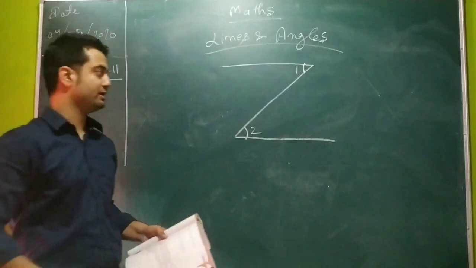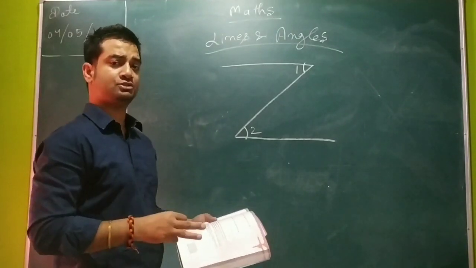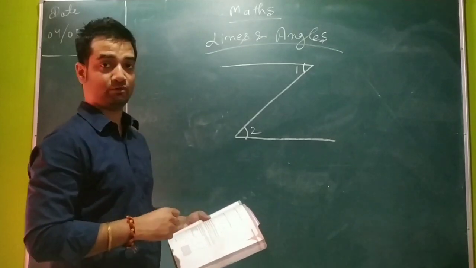If you look at these two angles, the first criterion, that both angles should have the same vertex, they do not follow.